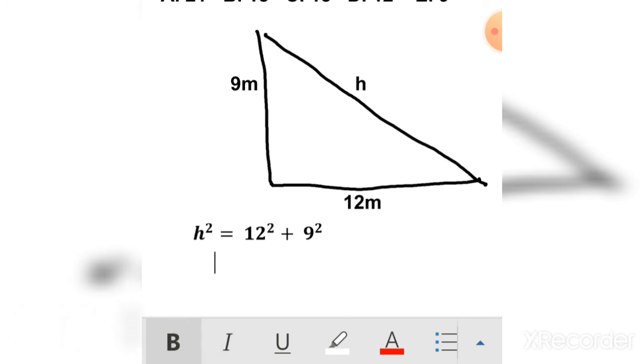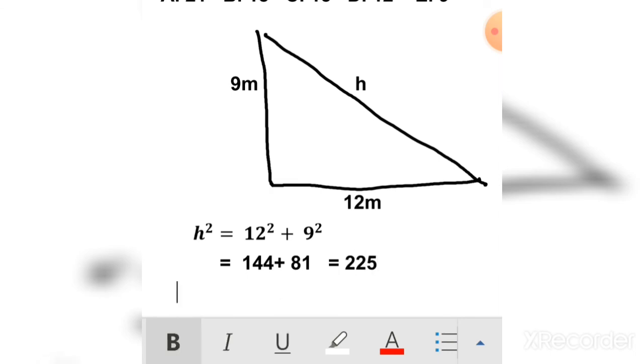So the square of the length of the wire is 12 times 12 is 144 plus 9 times 9 is 81, equals 144 plus 81 is 225.